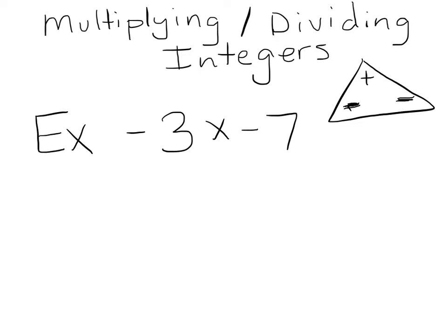All right, so here I have -3 times -7. Well, what have I used? I've used one negative for -3. I've used another negative for -7. So all I'm left with is the positive. So that means my answer is going to be positive. 3 times 7 is 21, and that would be a +21. It works the same with dividing.